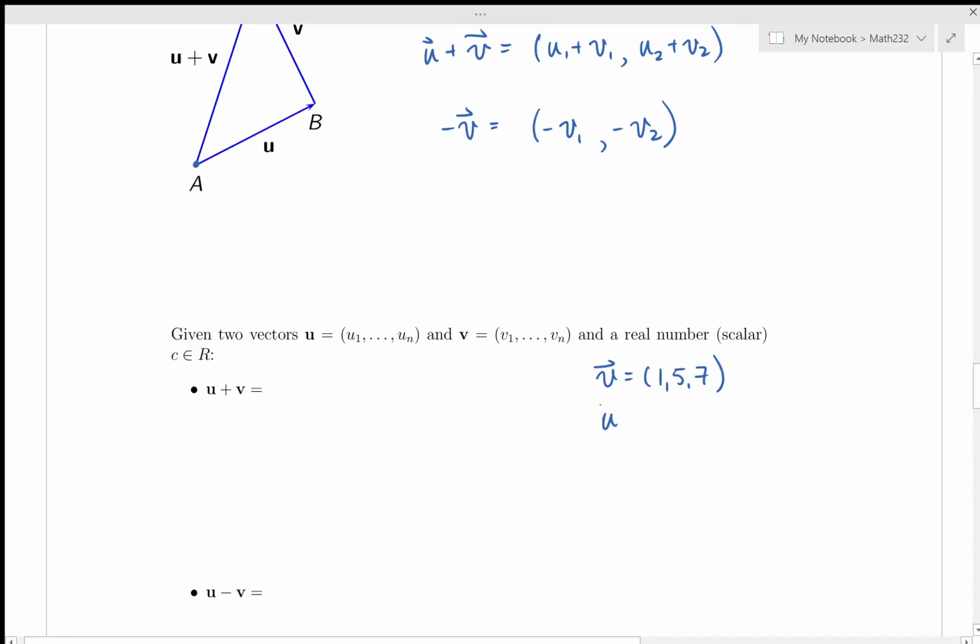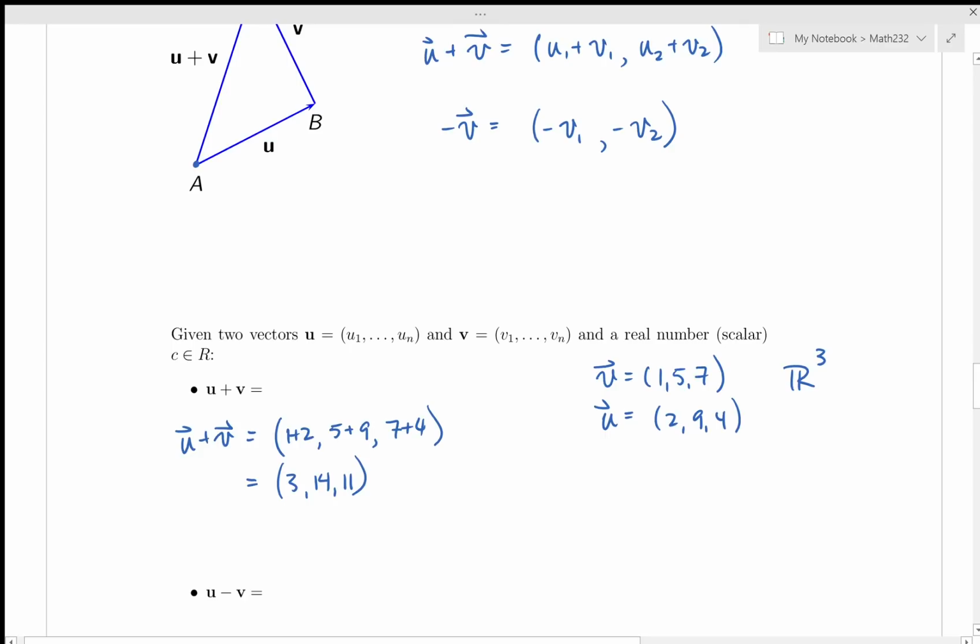And I'll pick another vector somewhat randomly, 2, 9, and 4. Clearly we are in R3, and I am going to add those two vectors. What is u plus v? I add the components: the x components first, then the second component, often called the y component, and then the third component. And that is 3, 14, and 11.